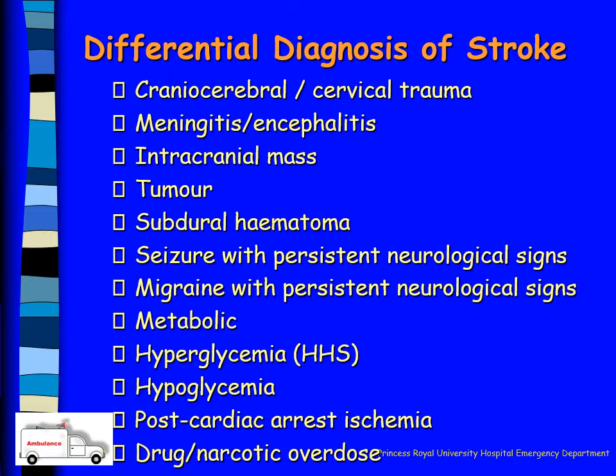Metabolic causes such as hyponatremia can also cause the patient to be quite confused and slurring in their speech. Also, high blood sugar or very low blood sugar can also cause an alteration in their sensorium.